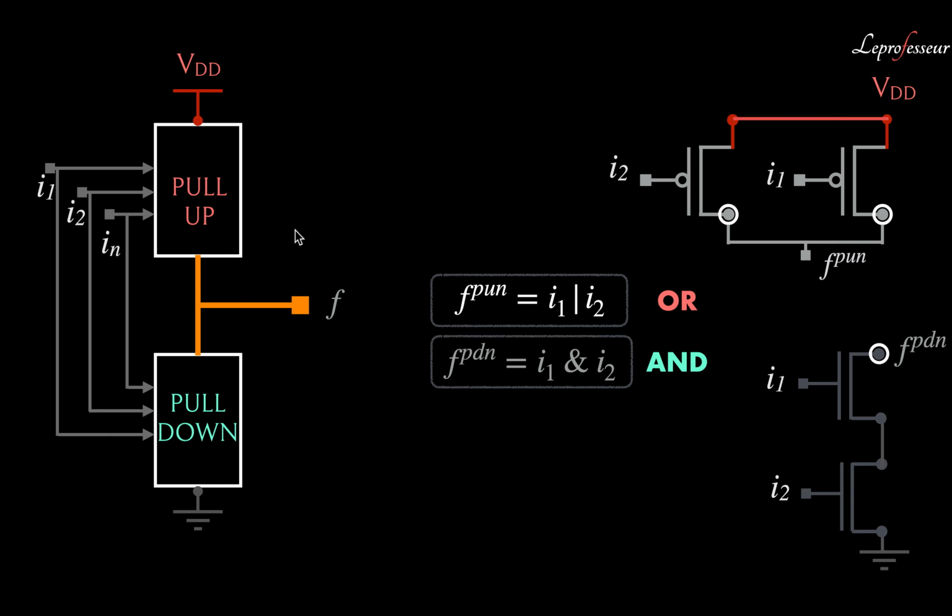So let's go back to the very first diagram we discussed about the combinatorial logic. We can divide it into two networks, pull up and pull down, and we can connect them together to get the desired output F. Now since we established the fact that PMOS are connected in parallel for the pull up network and NMOS are connected in series for the pull down network, let's see what we can do now.